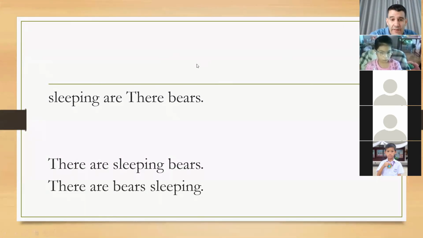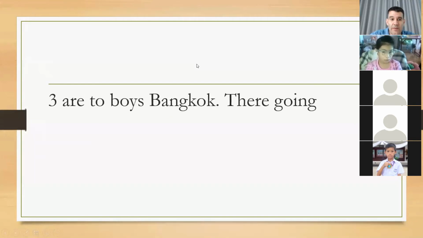So I'll try another. How about this one, it is a little bit more difficult. Three are two boys in Bangkok going. Try to put these in the correct order.